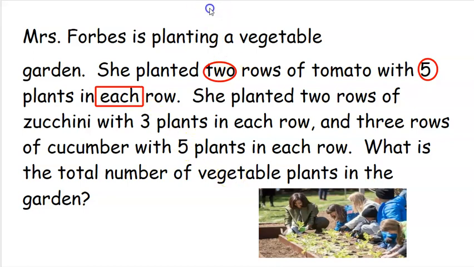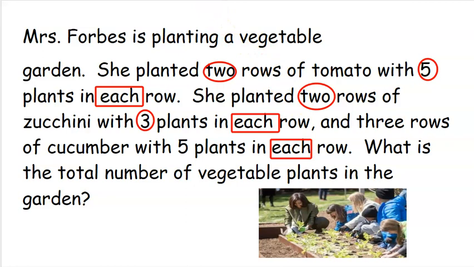She planted 2 rows of zucchini with 3 plants in each row. And again, very important is that word each. Actually, I see it again here.